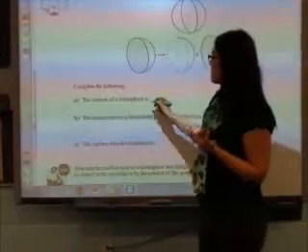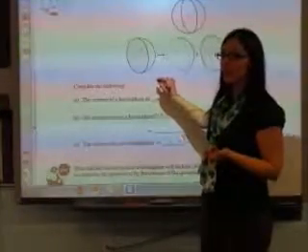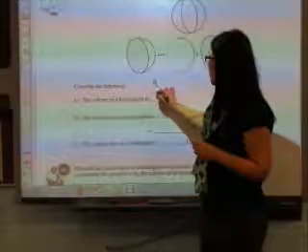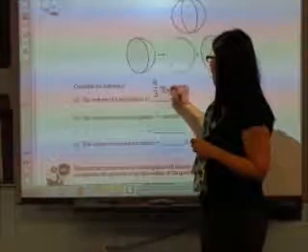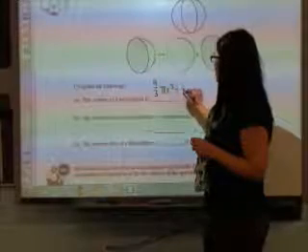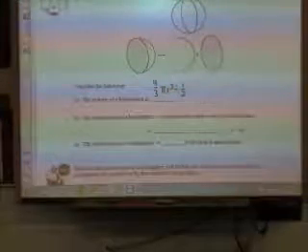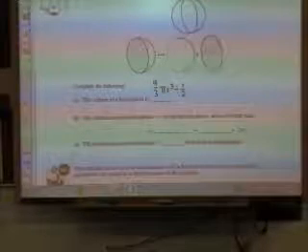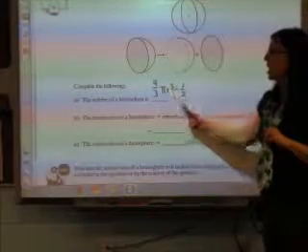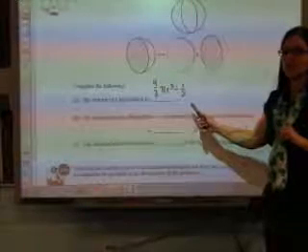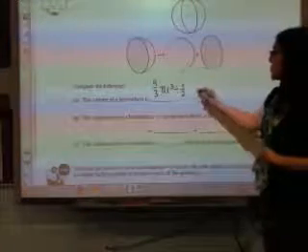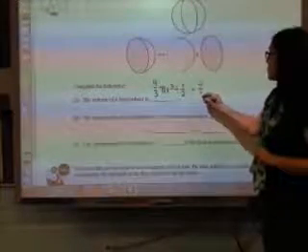The volume of a hemisphere. Take the volume of a sphere, which was 4/3 pi r cubed, and divide it by half. In terms of division by a fraction, how do I divide fractions? Reciprocal. So I multiply by the reciprocal.